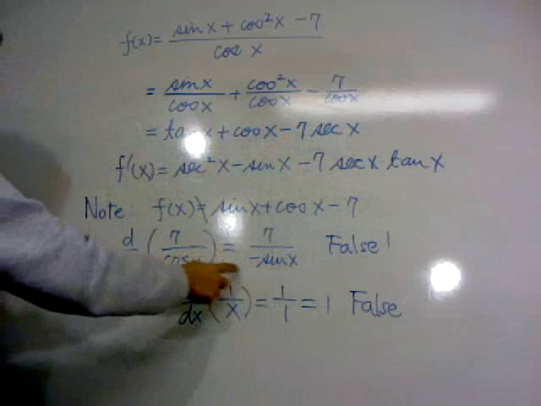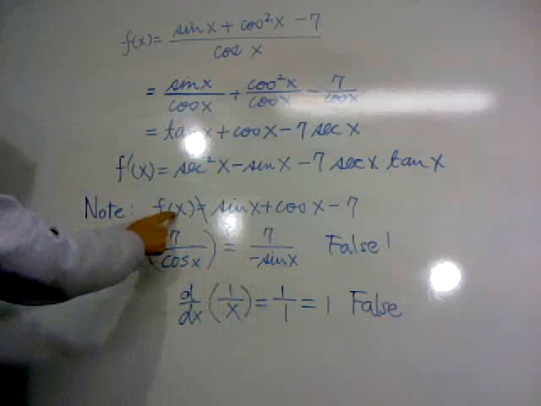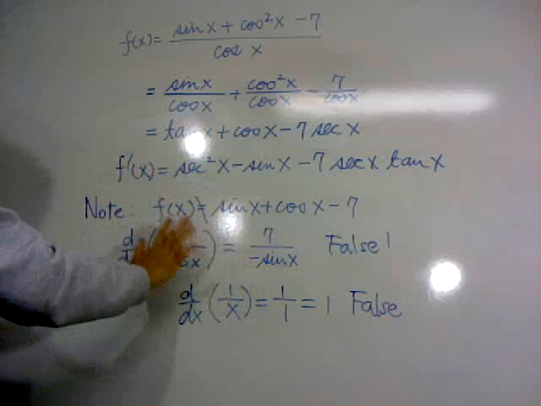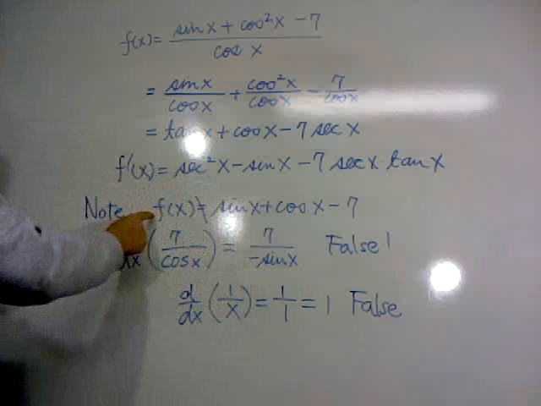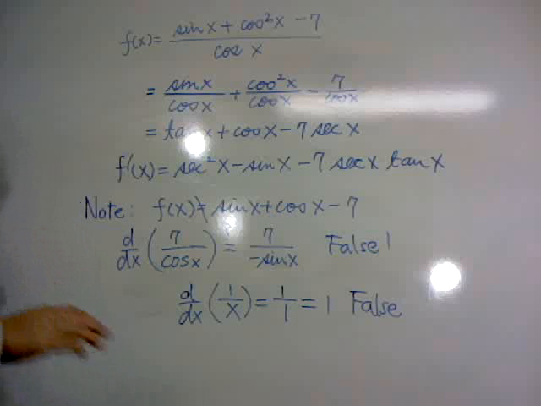So this is a very common mistake. That is false. And f of x, even before you start to differentiate, just rewriting this, that is false. So I want to point out these two parts.